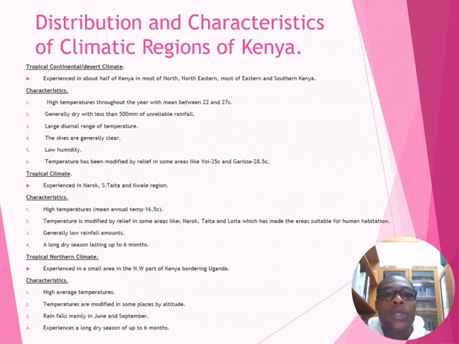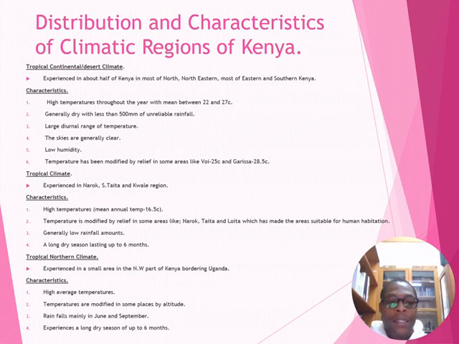I will continue with the distribution and characteristics of climate regions of Kenya. The next is tropical northern climate, experienced in a small area in the northwestern part of Kenya.